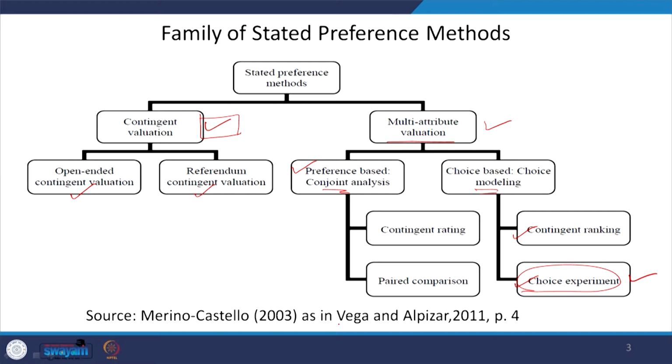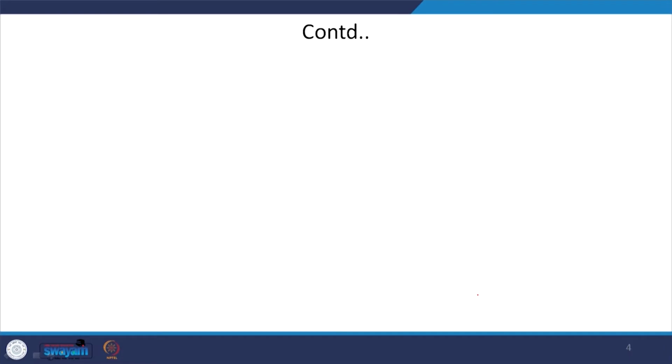So, under this stated preference method, we talked about contingent valuations, which is commonly used, and under multi-attribute valuations we will be talking about the choice experiment, which is also very commonly used under this stated preference method.